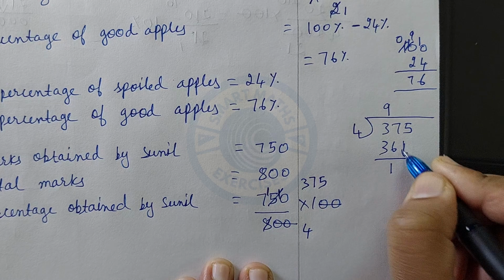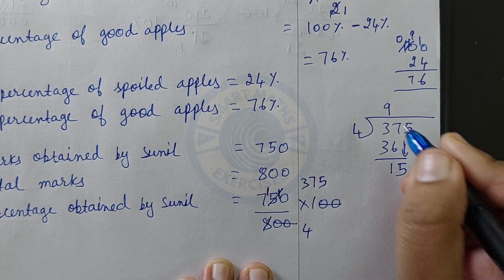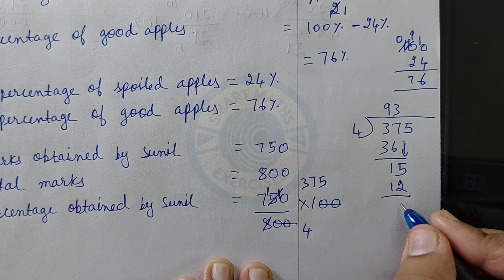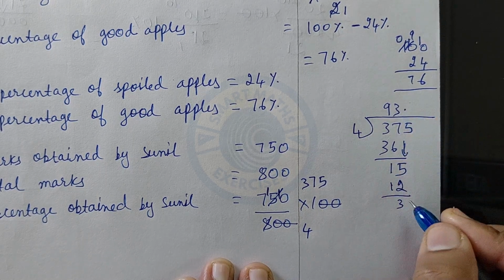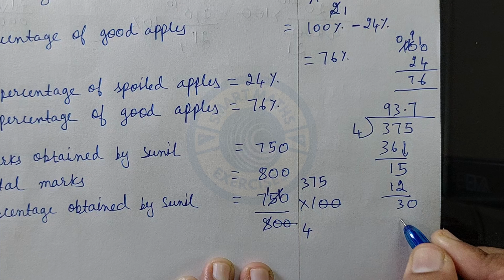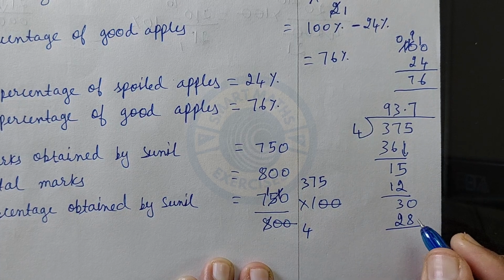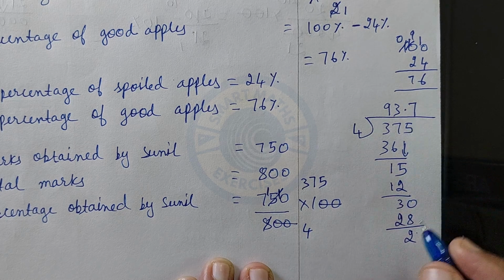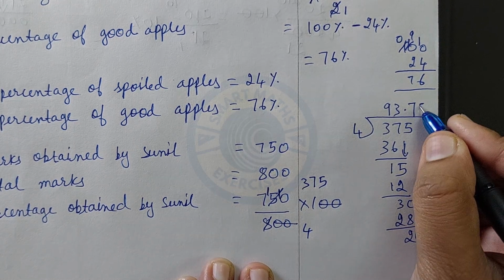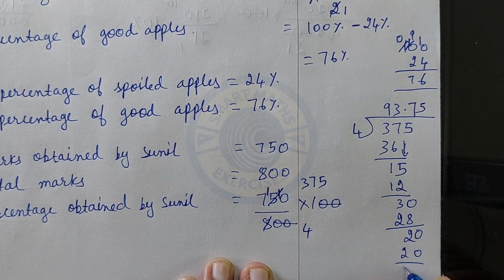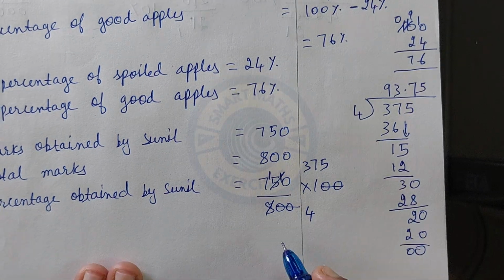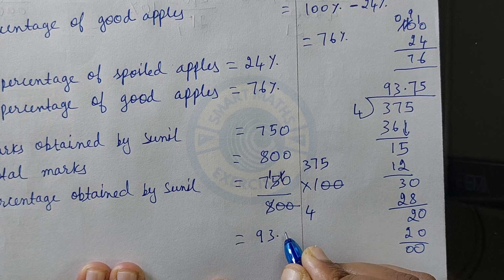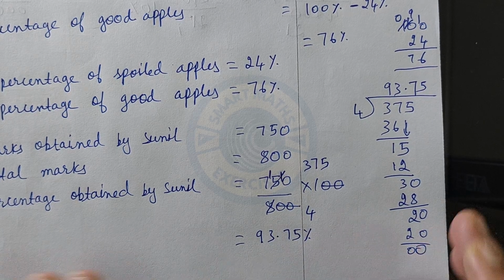Bring down 5. 4 3s are 12. 15 minus 12 is 3. Put a decimal point and add a 0. 4 7s are 28. 30 minus 28 is 2. Since we have a decimal point here, we can add a 0 here. 4 5s are 20. So Sunil has scored 93.75%.